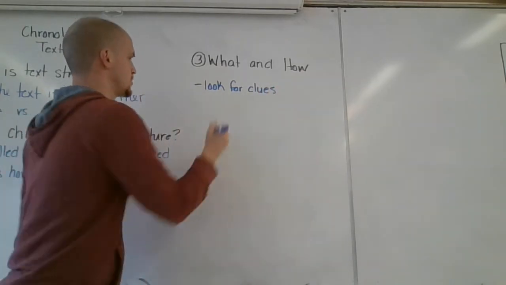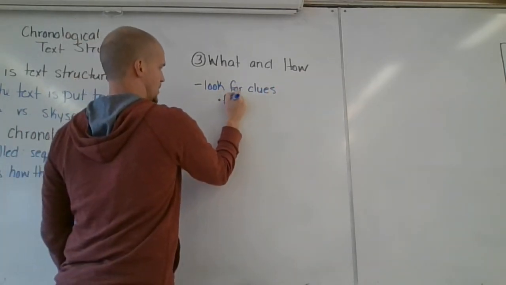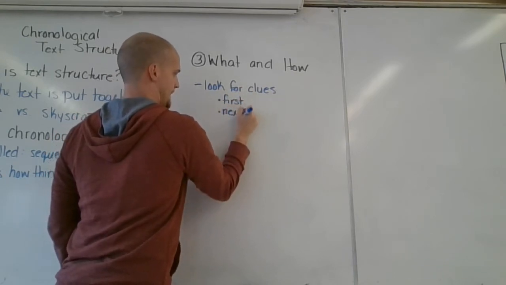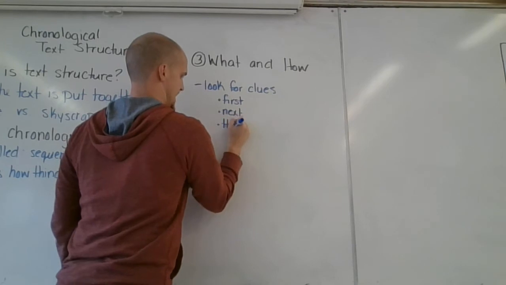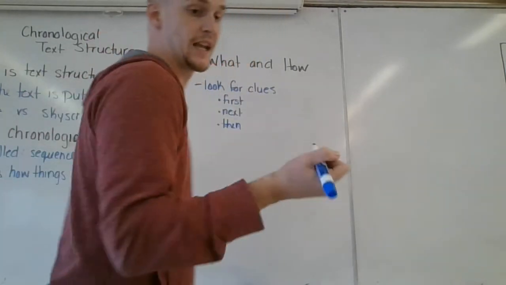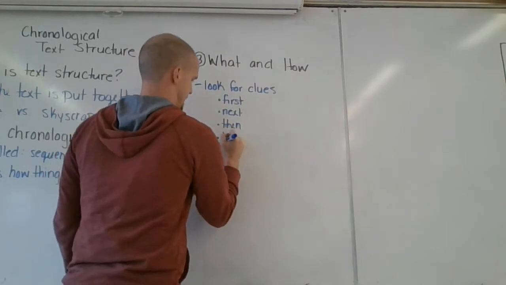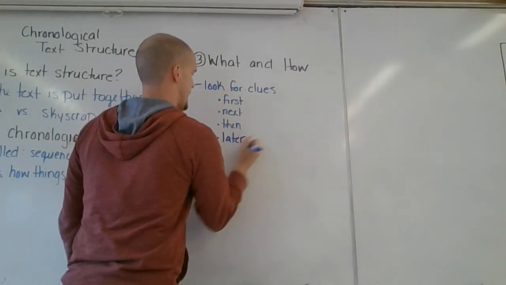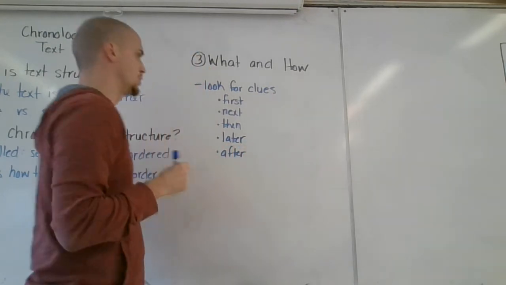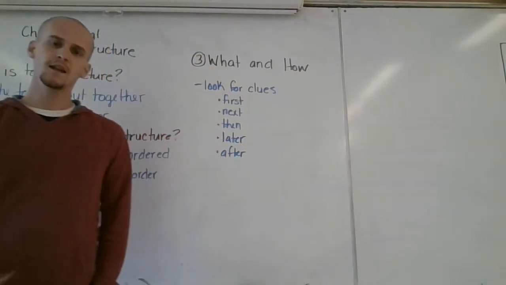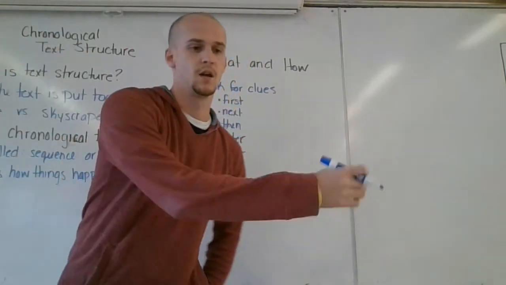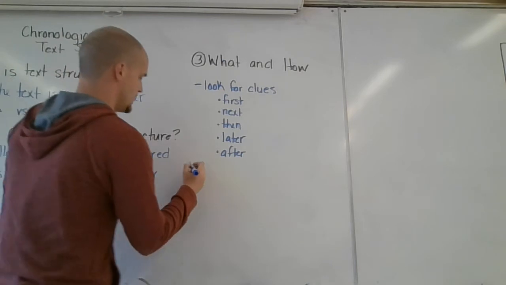These clues could be words like first, next, then, later, after. These are all clues that will tell you that you're looking at a text that is written with the chronological text structure.